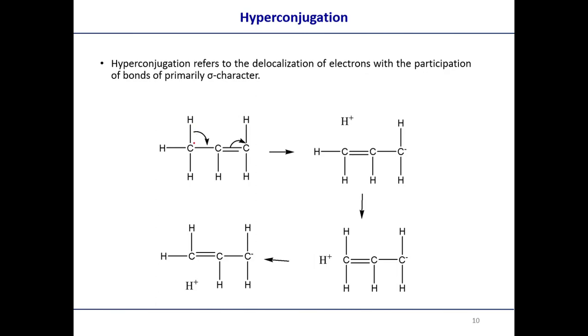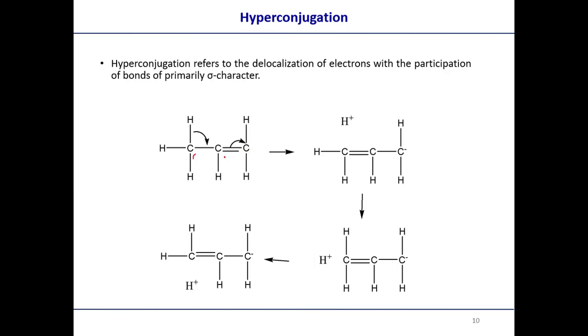That's why it will pull the pair of electrons while bond breaking takes place, and it will form a pi bond with this carbon. And because this carbon is sharing two electrons to form the bond, this pi bond will break, and the negative charge will be carried by the third carbon, that is the terminal carbon.